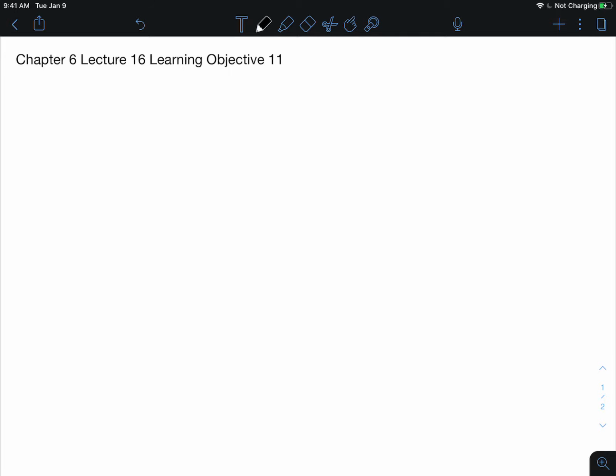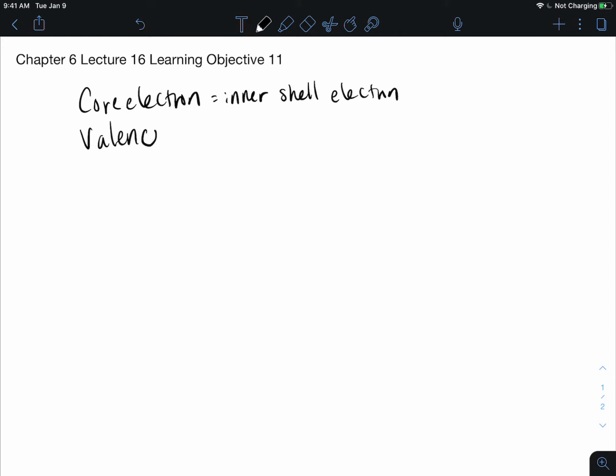Okay, so we're going to bring into our bank of knowledge the idea of core electrons and valence electrons. A core electron is going to be one that is an inner shell electron. And then a valence electron is called an outer shell electron.